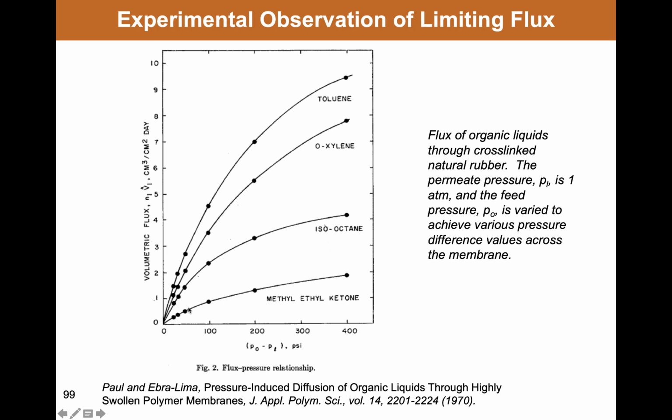You see that the flux actually doesn't increase linearly with pressure and starts to bend over and asymptotically approach the ceiling flux. And so if the hydrostatic pressure across this membrane were increased more and more, the flux would approach a plateau value, and that would be the ceiling flux or the limiting flux that is given in the previous slide.